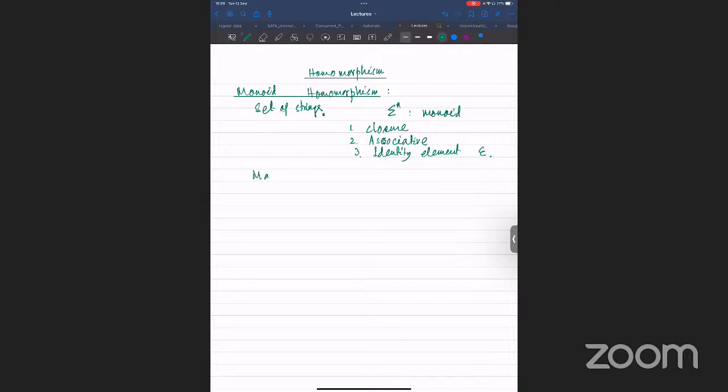It's a map h from sigma star to, let's say, some gamma star, where sigma is an alphabet and gamma is another alphabet, such that for all x, y belonging to sigma star, we have h of xy equal to h of x dot h of y.